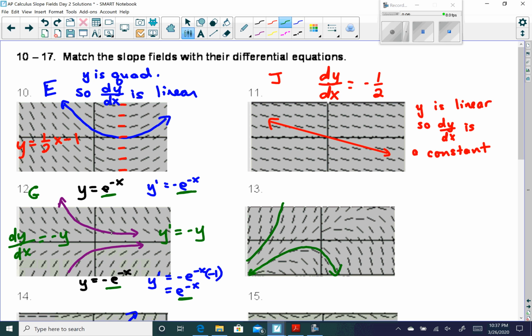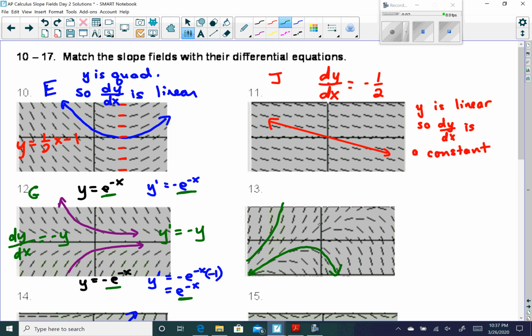Now for 13, this looks like something that we really haven't spent a lot of time trying to graph by hand. And if you guys remember number 7 from yesterday, didn't it look like this, where we sort of have a curve that's going in one direction, and then if we move a little bit over, we don't get that same pattern that's taking place. So number 7 yesterday, dy over dx was equal to an expression that contained both an x and a y.